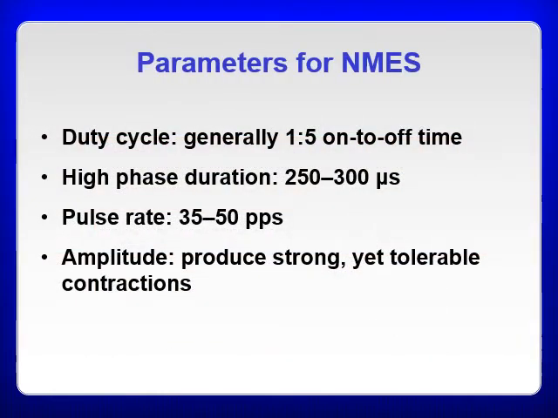Your parameters for NMES, typically if you're doing it for strengthening purposes or to enhance that muscle contraction a little bit more, for neuromuscular education, you're going to want a longer off time. Usually your duty cycle, here referring to the extrinsic duty cycle, is a 1 to 5 on to off time.